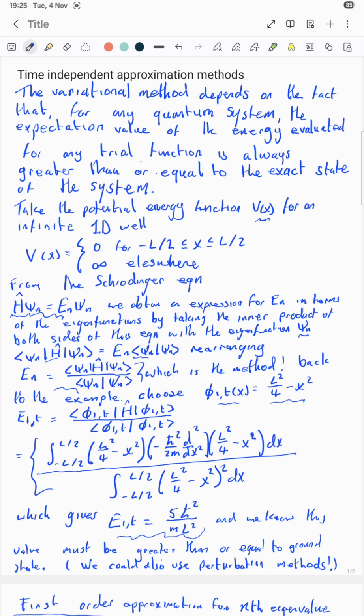We could also use perturbation methods. I think there are various other methods, perturbation methods, things like that. These kinds of small corrections are very important in applied mathematics, for example in general relativity. If you're doing general relativity, we have things like Christoffel symbols.